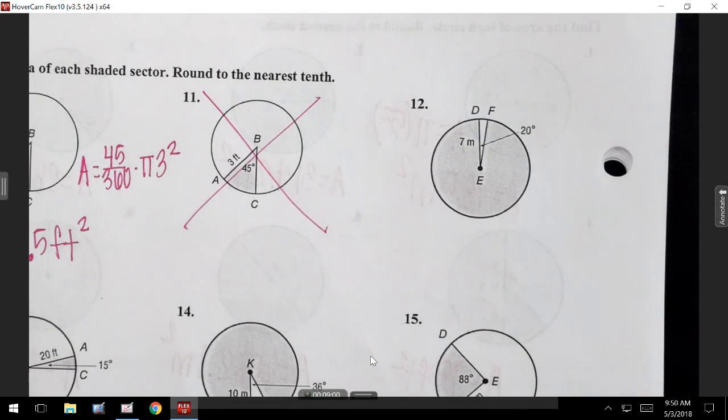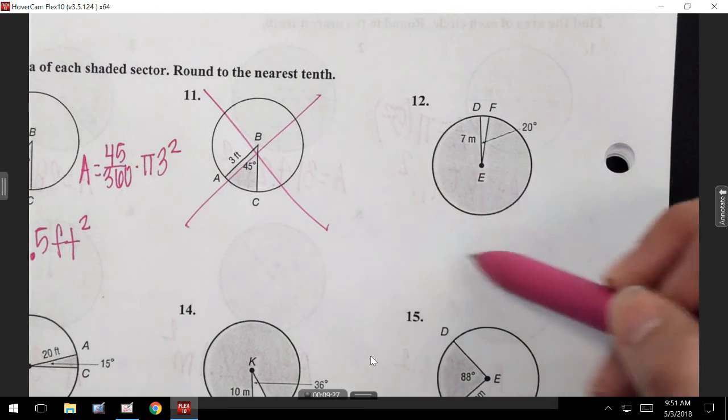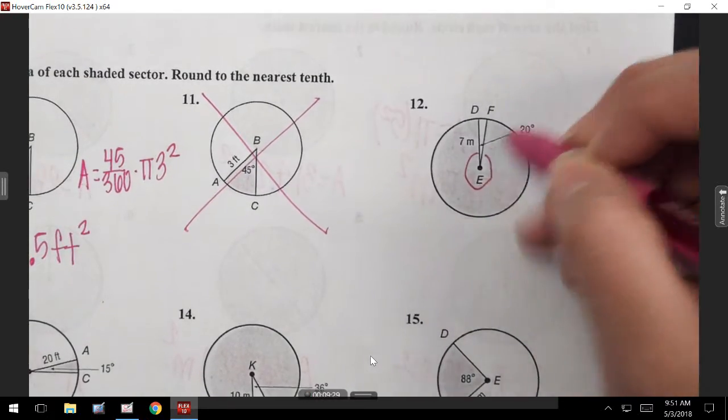Think about number 3. We're finding the shaded section. Do you see what I'm talking about on number 12? What did it give you? It gave you the angle of the non-shaded section. So if we know that this angle is 20, what does the rest of it have to be? 340.